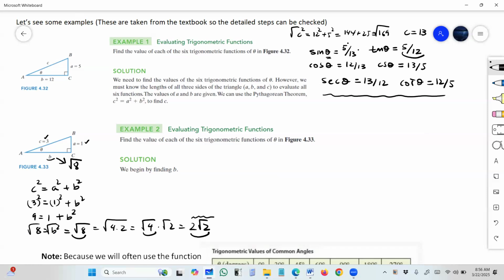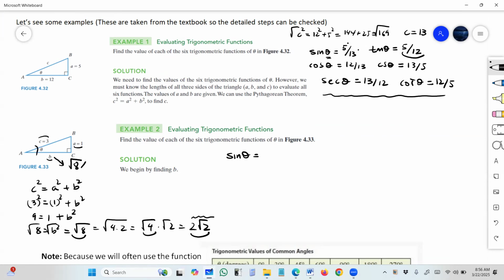But since I'm only trying to find the trig functions, we can use radical 8. It's perfectly okay. All right, so now find the functions of theta. So here's the angle theta, and just as before, this is the opposite side to theta, B is the adjacent side to theta, and C is the hypotenuse.